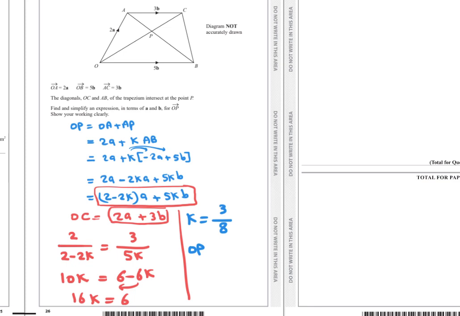So OP equals (2 minus 2 times 3 over 8) into a plus 5 times 3 over 8 into b. Now find with your calculator. You get 5 over 4 a plus 5 times 3 over 8, which is 15 over 8 b.